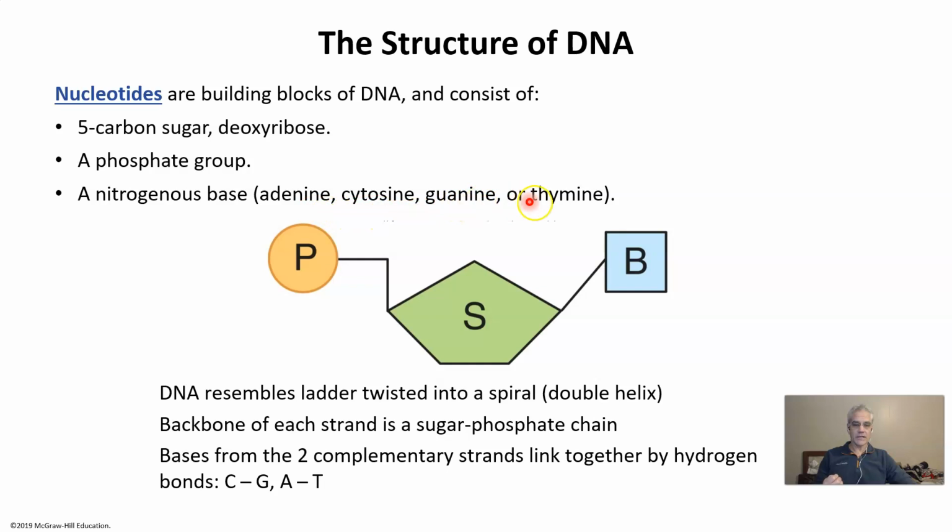Adenine, cytosine, guanine, thymine. That's it. A, C, G, T. That's how we shorthand them. That's how you're going to see them from now on. You're going to see A, C, T, or G, but you have to understand that they stand for adenine, cytosine, guanine, or thymine. And that one of those goes out here where it says B. So that's called a base, or a nitrogenous base.